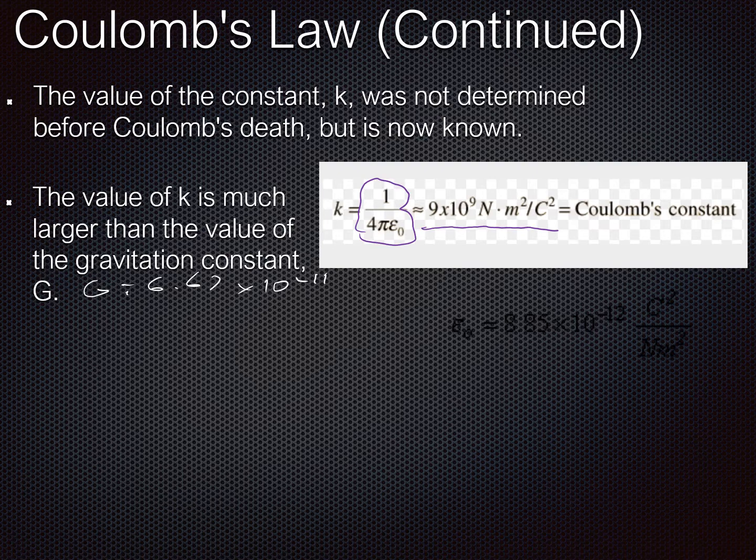That shows you that the inherent value of the electric force is 20 orders of magnitude larger than the force of gravity. It's massively larger. It's ridiculous how much larger the force of electricity is than the force of gravity. Gravity is actually incredibly weak.